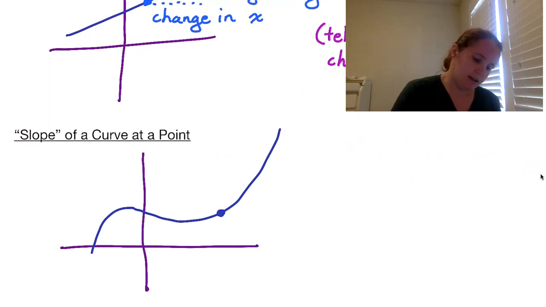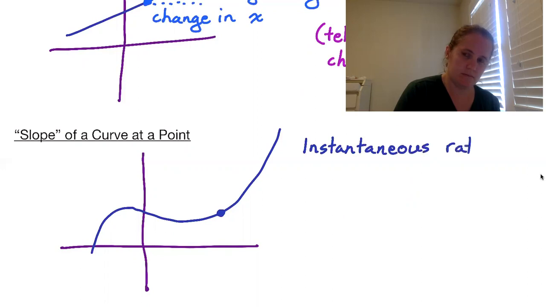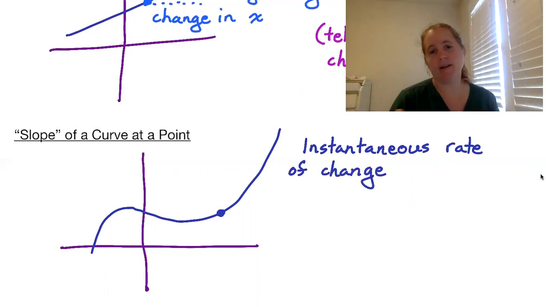So the instantaneous rate of change should be the slope, whatever that is, precisely at that point.